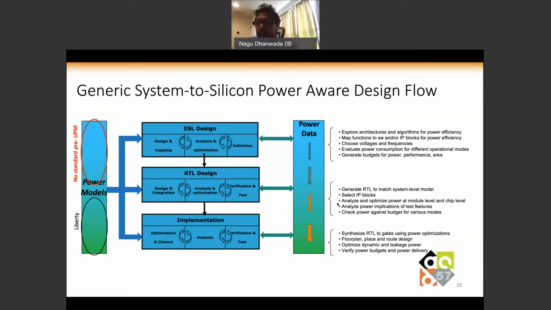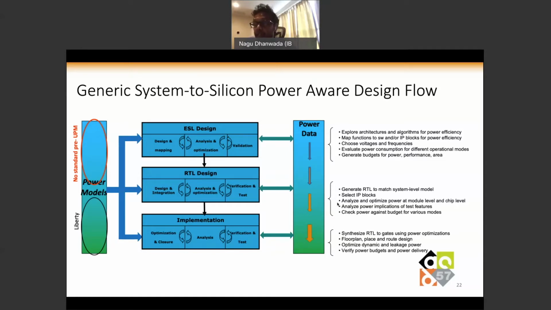In order to realize this flow, multiple power aware technologies are required. You need various tools, like simulators, synthesizers, etc., languages, formats, and models also, right? Here we see some representative power aware activities on the right hand side, or tasks that are relevant and typically undertaken during each design stage, right?